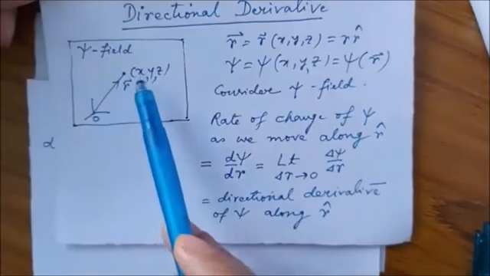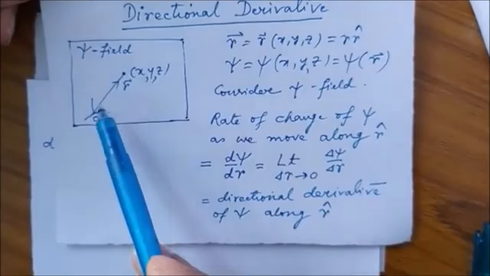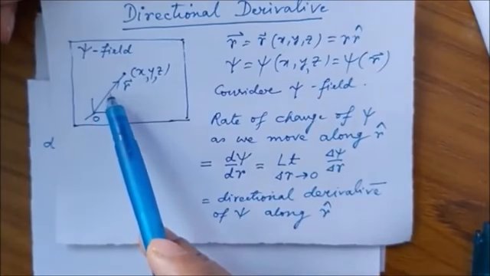Moving along r cap means r changes. So if we are here at r, then we wish to move by an amount dr along r cap.